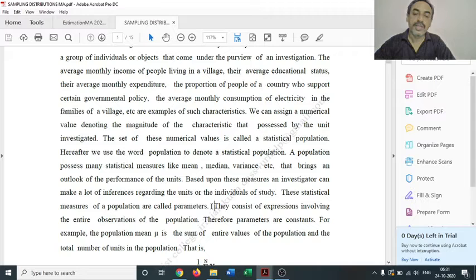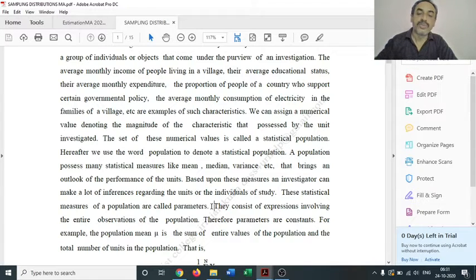Likewise, if the average monthly income of a group of persons in a residential area is, suppose, 2 lakh rupees or about 2 lakh rupees, that information will bring out the lifestyle of the persons of that village. Therefore, these statistical parameters related to the population are certain indicators which will give an idea about the performance of the group of persons or individuals undergoing investigation.